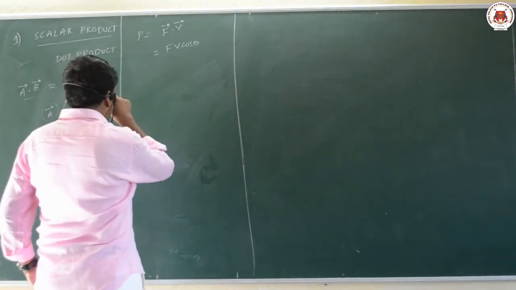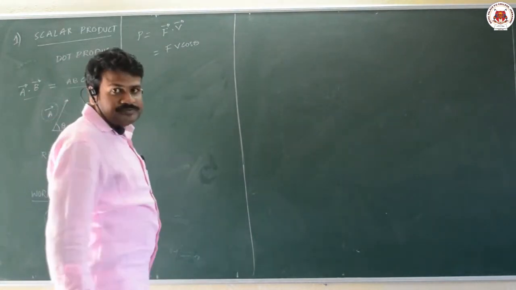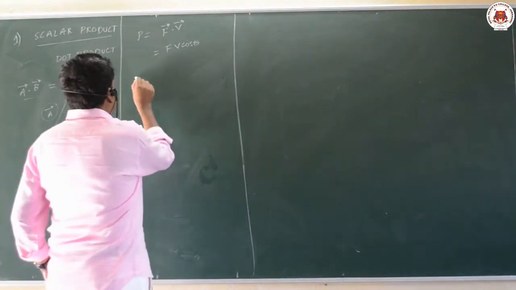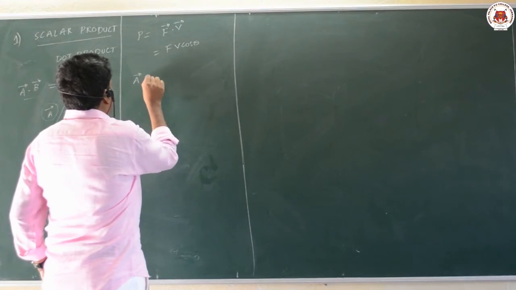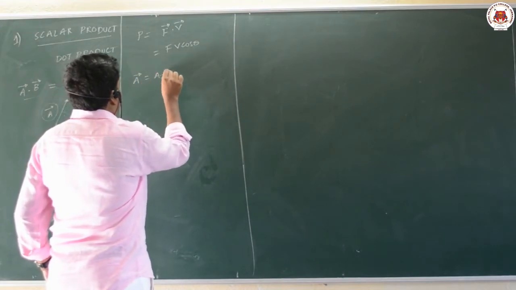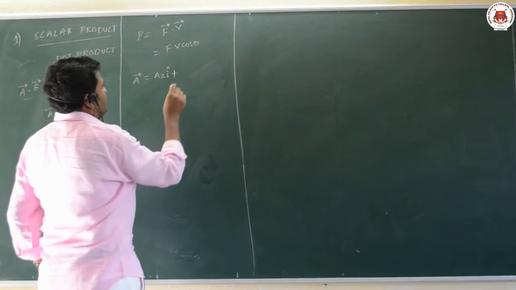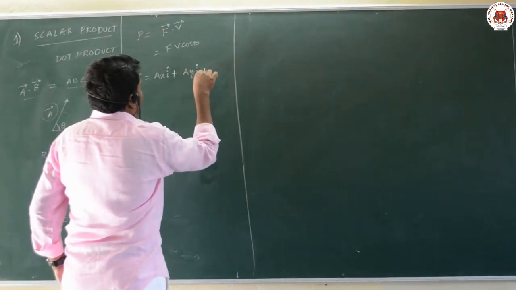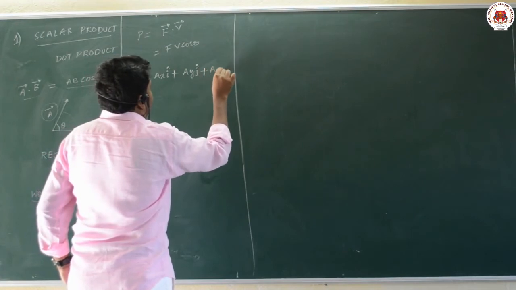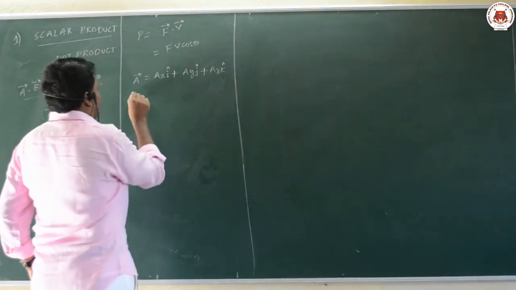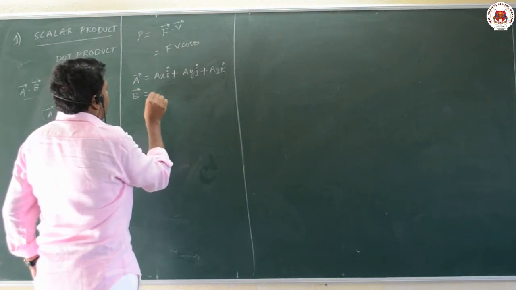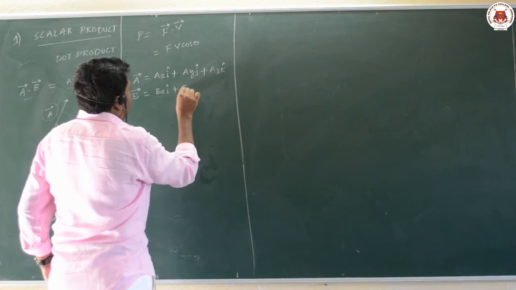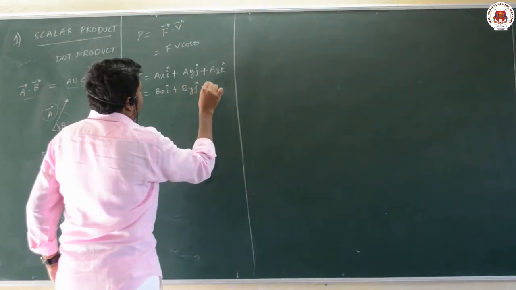And if you want to do the dot product of position vectors, suppose a bar is equal to ax i cap plus ay j cap plus az k cap, b bar is equal to bx i cap plus by j cap plus bz k cap.